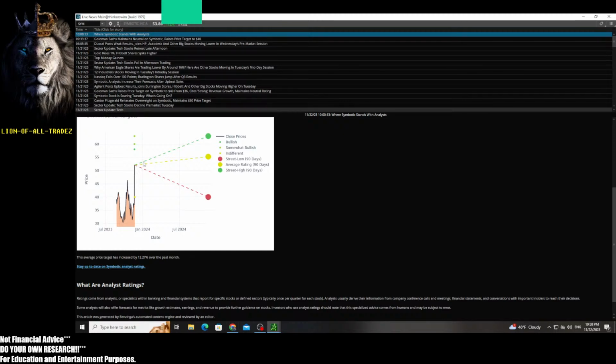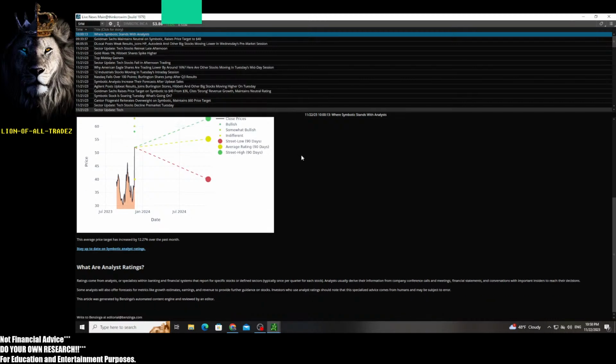Since the analysts are going towards bullish, we would be around the 55 to 60 range, 60 or more, heading towards spring of next year, towards July of next year. And heck, if the analysts are saying this, then that's a good thing.